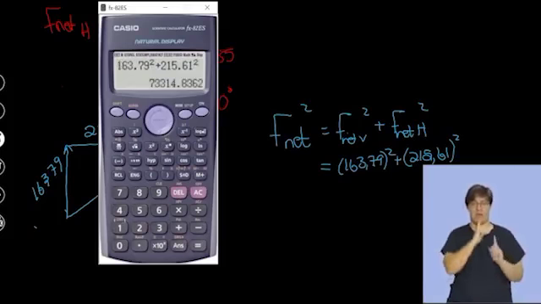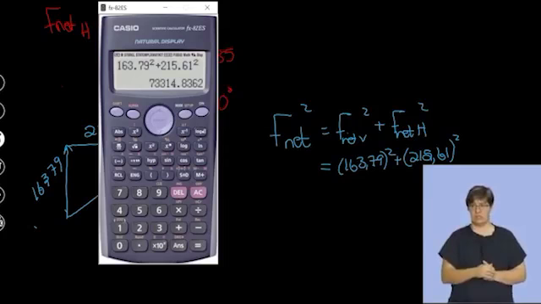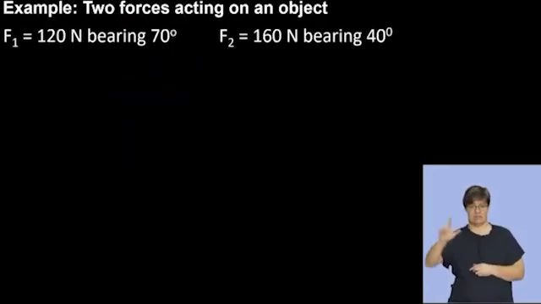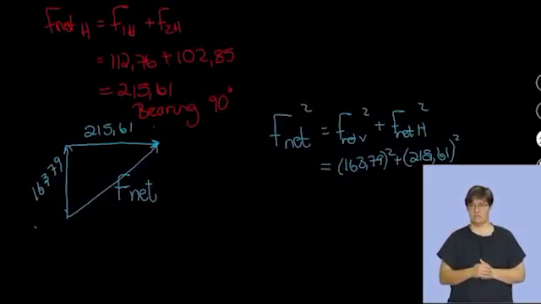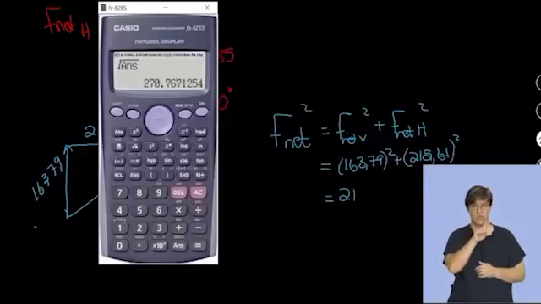We have an answer, but I need to square root it. So I'm going to square root the answer. And I get 270.77. Let's just check again. 270.77.